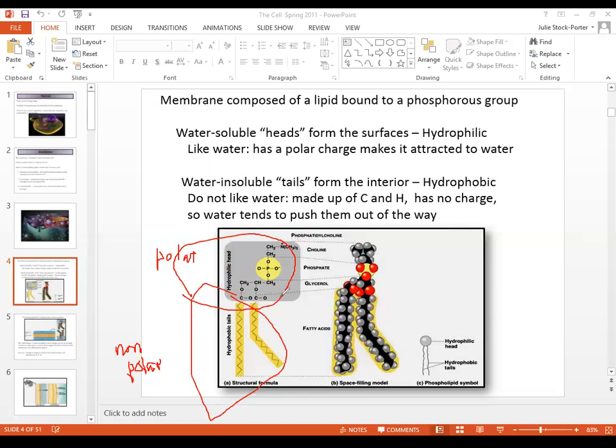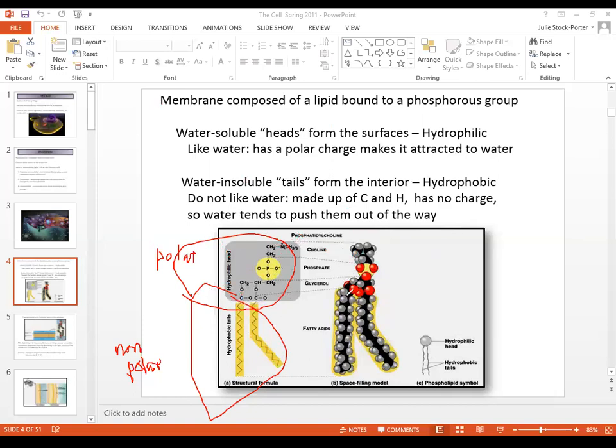Now, when we look at the actual chemical breakdown, we see the hydrocarbon chains, the carboxyls, we see the glycerol, and up here we see our phosphate group. So now if we look over here, here's our fatty acids, here's our carboxyl, our glycerol, and our phosphate group.